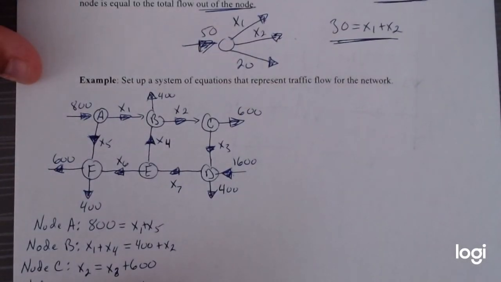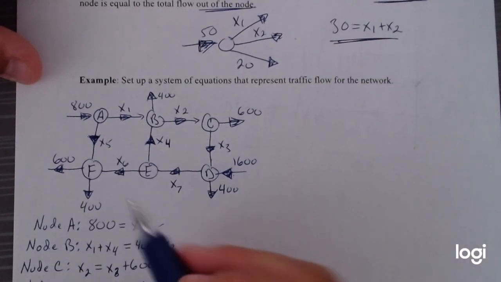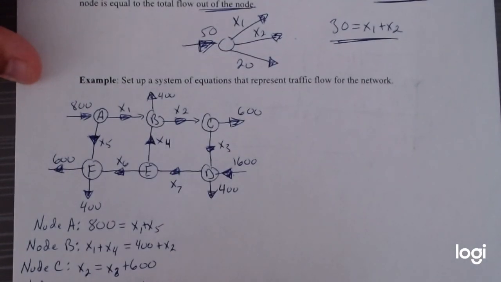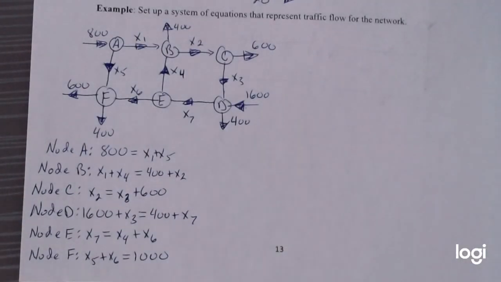Keep going, node E. What's flowing in is only x7, and what's coming out is x4 and x6. And then finally F. F has two things coming in, x6 and x5, and what's coming out is 400 plus 600, so we can just put 1,000 there. And there's our representation, our system of equations.